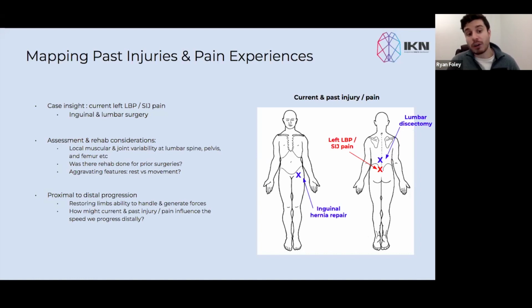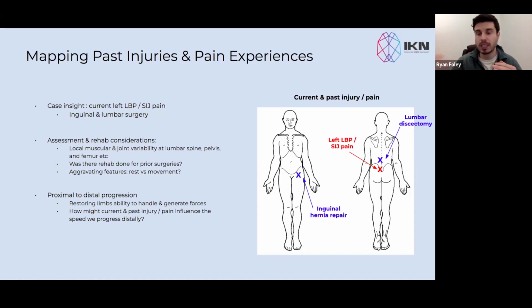Okay, from an aggravating feature standpoint, which is another component or source of information that you can utilize from a subjective standpoint that the individual will tell you, consider if there's pain at rest versus movement. So oftentimes I find with clients that have these more local injury histories relative to their current pain experience.